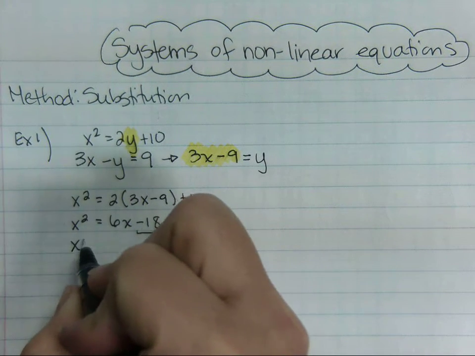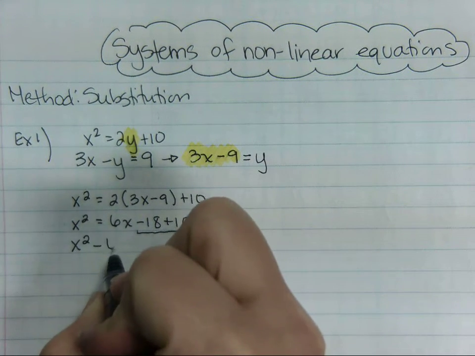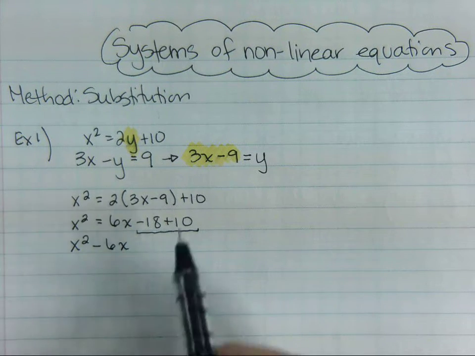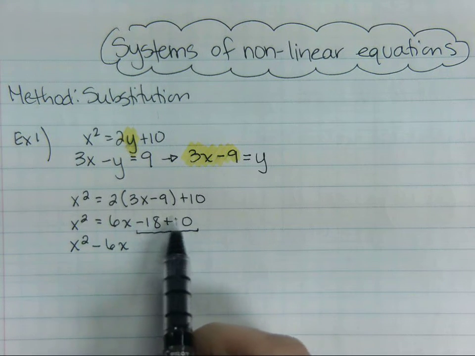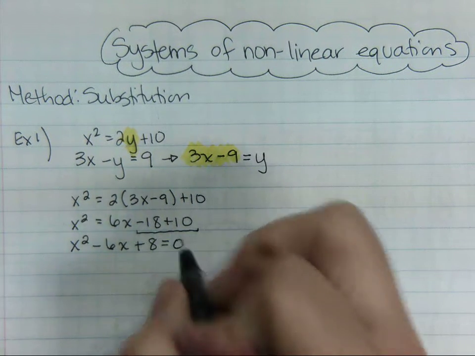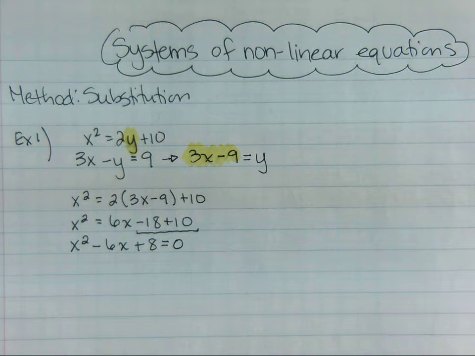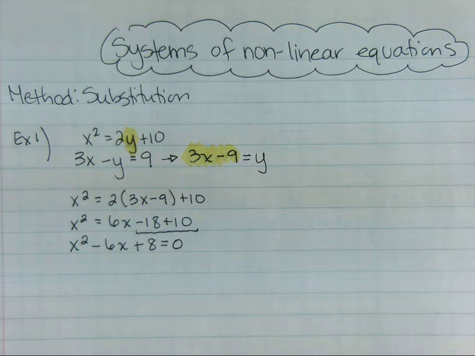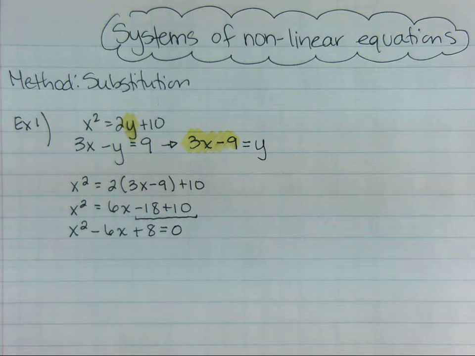And so I'm going to leave my x squared where it is, and I'm going to bring my 6x to the left. On the right hand side, this is negative 8. So when I move it to the left hand side, it becomes a positive 8 equals 0. And now I have a quadratic that I can solve using factoring and the zero product property.